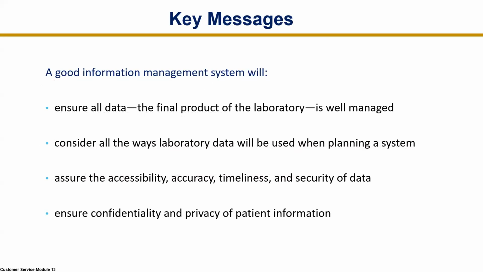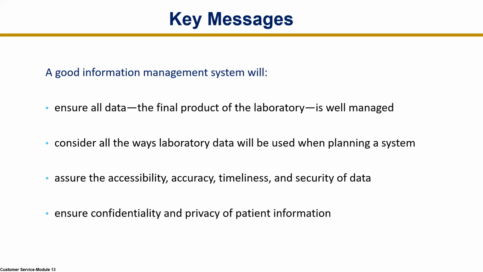So a good information management system will ensure all the final products of the lab, which is the result, are well managed, and consider all the ways laboratory data will be used when planning a system, and assure the accessibility, accuracy, timeliness, and security of data, and ensure confidentiality and privacy of patient information.